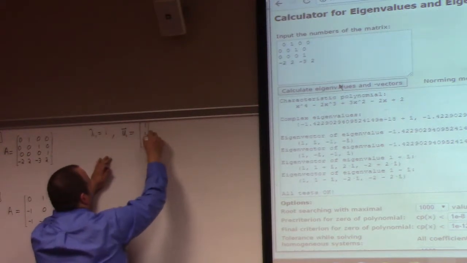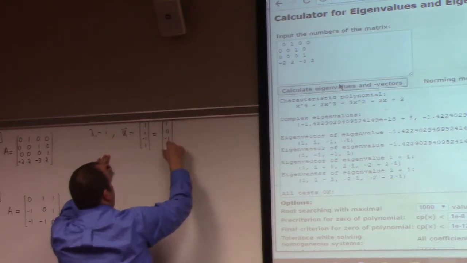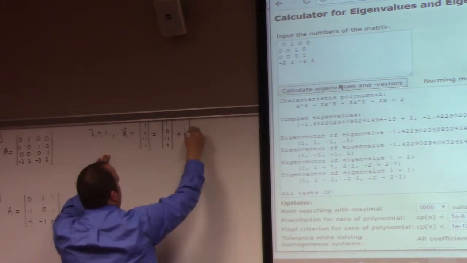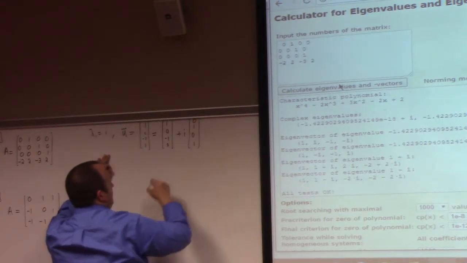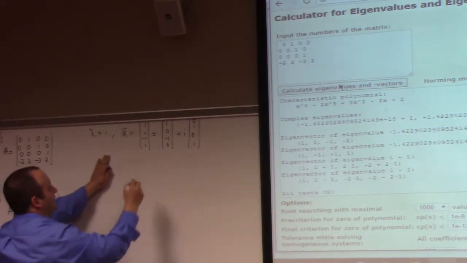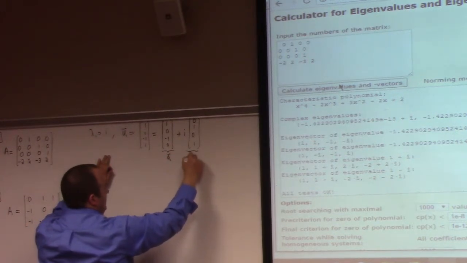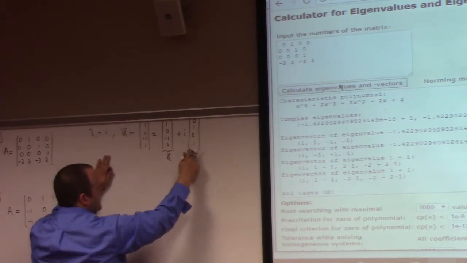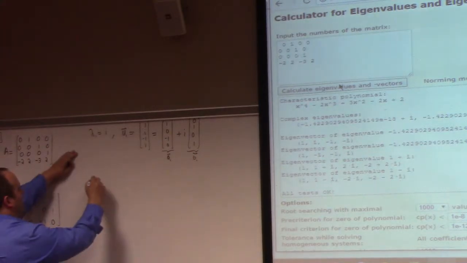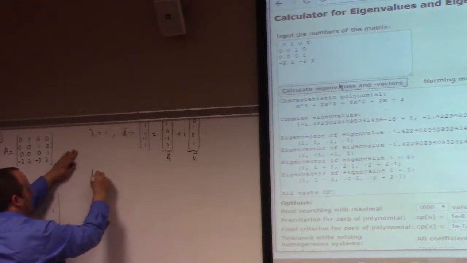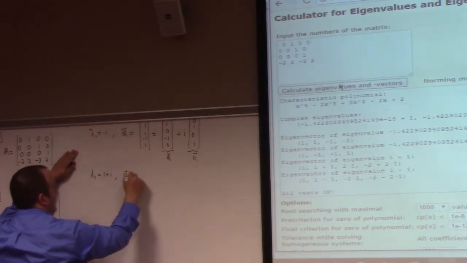Right? In other words, 1, 0, minus 1, 0, plus I times 0, 1, 0, 1. Right? So we could think of this as being A1, and this as being B1, right?